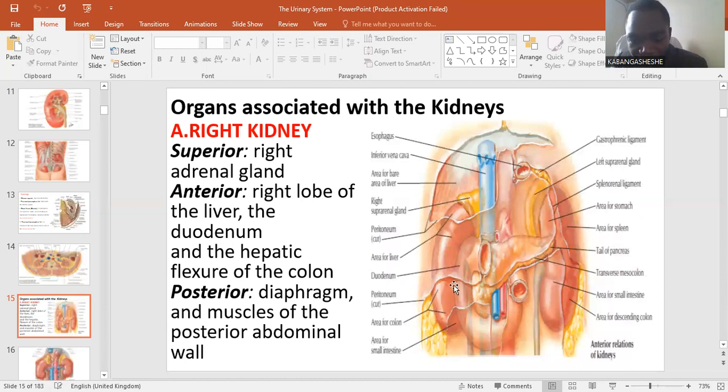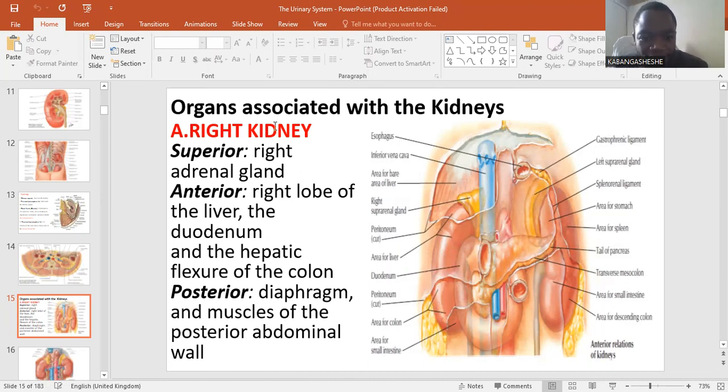That bending of the ascending colon to become the transverse colon is what we call the flexure. It is also covering the anterior surface of the right kidney. So those are the three structures we'll expect to obstruct the kidney anteriorly: the right lobe of the liver superiorly, the duodenum medially and anteriorly, and the hepatic, or simply the right colic flexure.